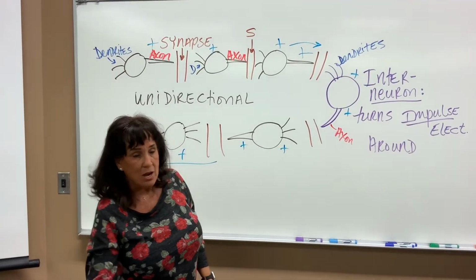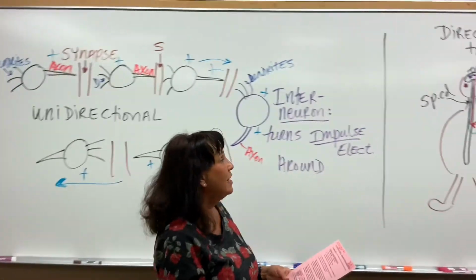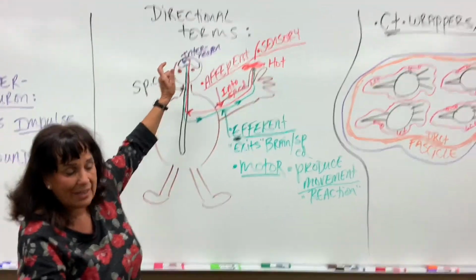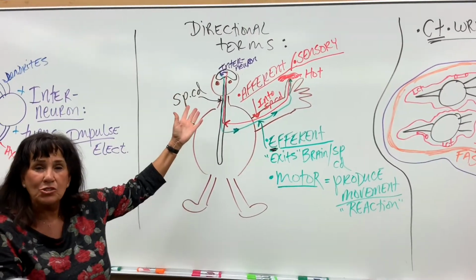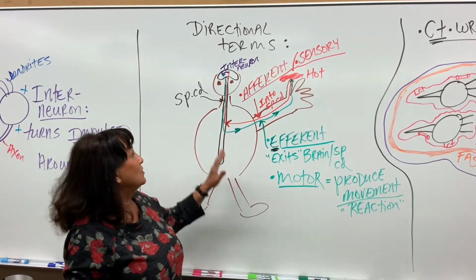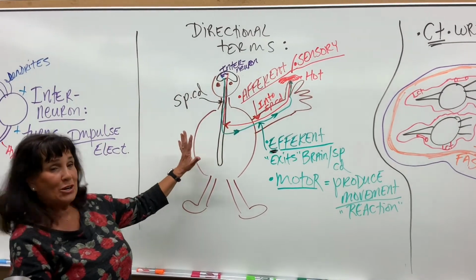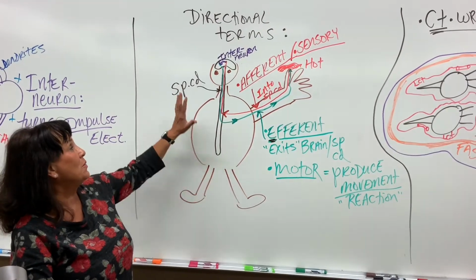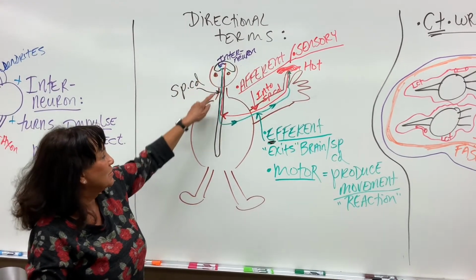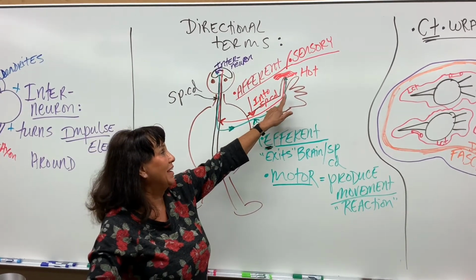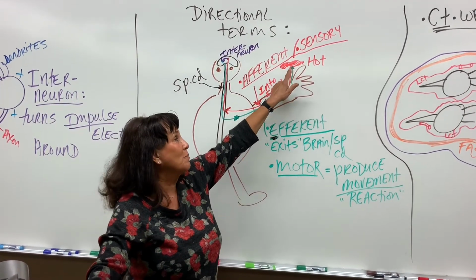Exactly. Now, going on in the note sheet, I think this is number 9 on your sheet, we have some directional terms for which way the electricity moves. I drew a guy here, or a girl, it doesn't make any difference. Basically I have a brain and a spinal cord, and then an arm and a hand, and you just touch something hot.